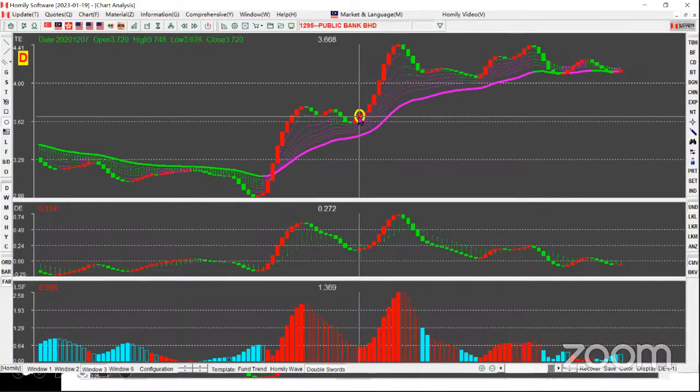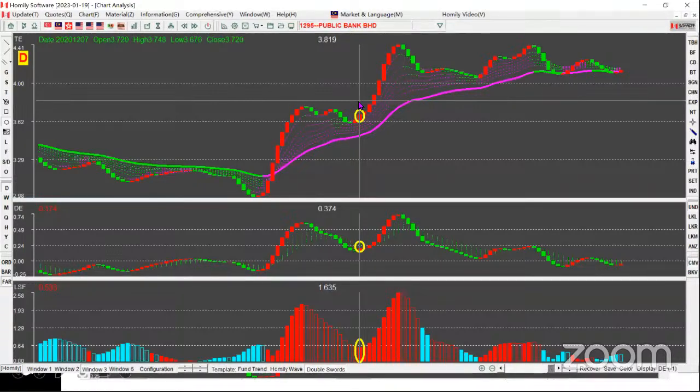This day is December 7. So red, red, red. Three indicators in red, and there's a very important thing: you need to make sure it's the first day. The first day, three indicators in red.